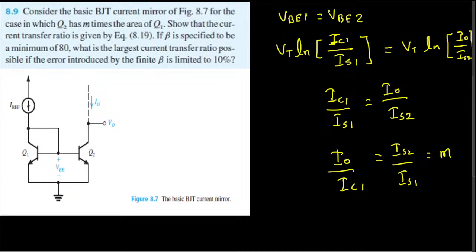So the question is asking, if beta is specified to be a minimum of 80, what is the largest current transfer ratio possible if the error introduced by the finite beta is limited to 10%? So we have to calculate this M value when beta is 80 and there is an error of 10% in the current.